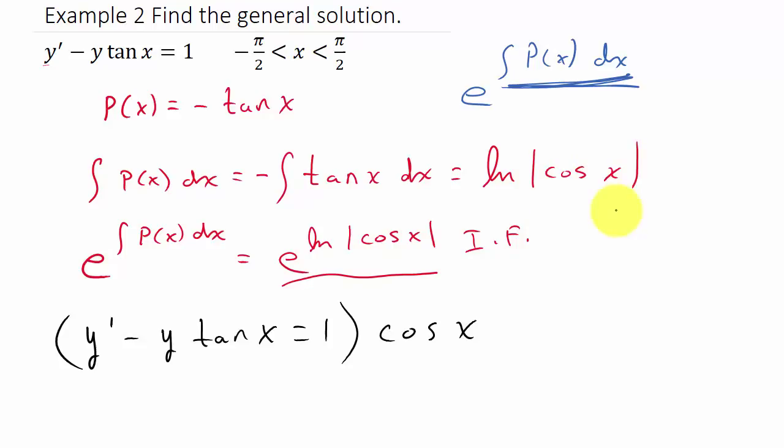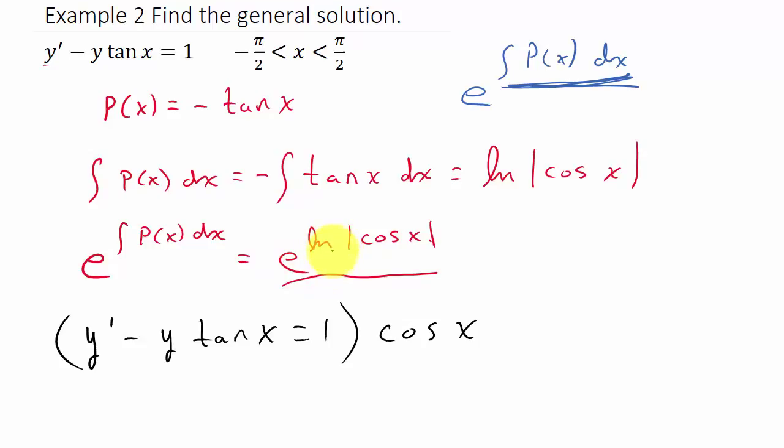Okay, I'm sorry, let me do a little bit more here. You see how this is my integrating factor, but I didn't simplify it enough. You see how this e here is the same as the base of this log.